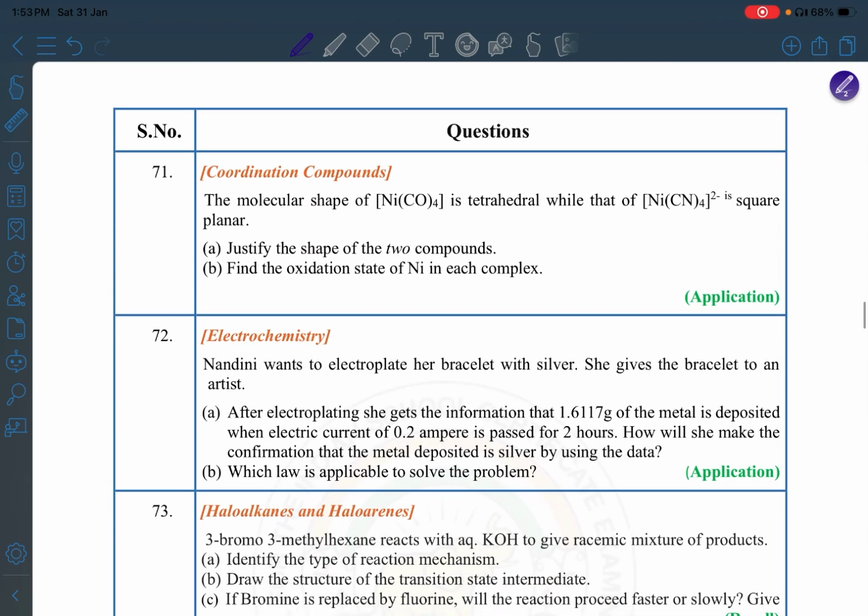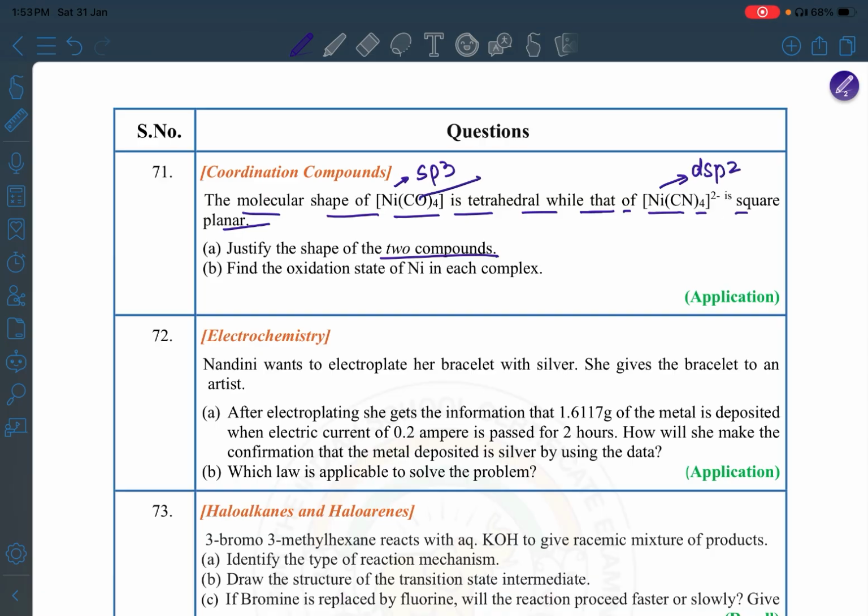Then question number 71: the molecular shape of Ni(CO)4 is tetrahedral, while that of [Ni(CN)4]2- is square planar. Justify the shape of the two compounds. Ni(CO)4 has sp3 hybridization and [Ni(CN)4]2- has dsp2 hybridization.